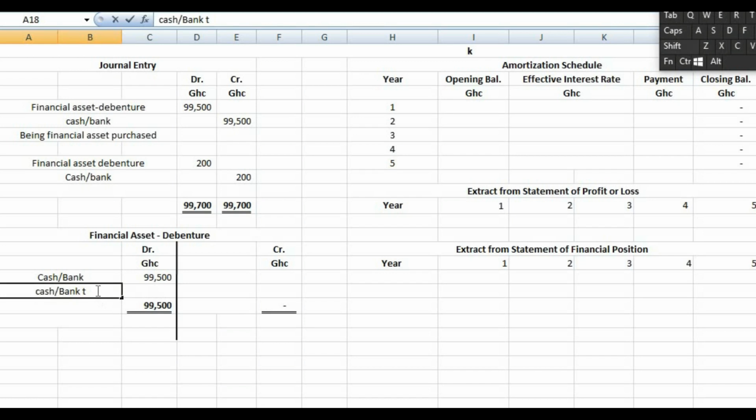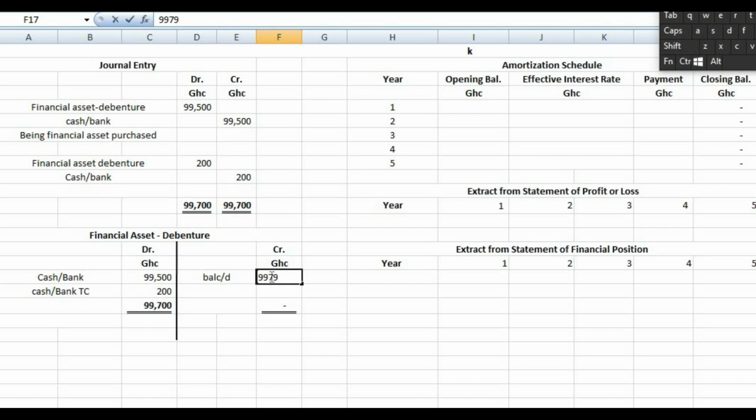Now transaction cost, TC, so we can name it TC. Okay, so we are going to have 200, right? And in order to balance this account, we are going to have a balance carried down here, of the total, that's 99,700.